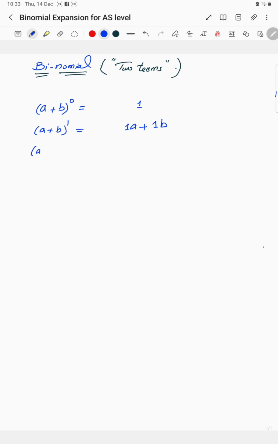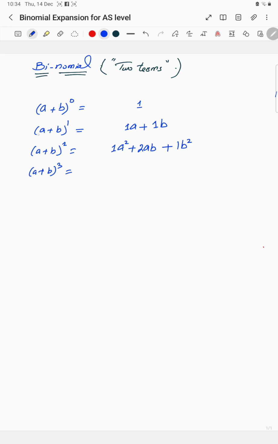So if it is (a plus b) power 2, then it will be 1a square plus 2ab plus 1b square. And if it is (a plus b) power 3, we know this identity.